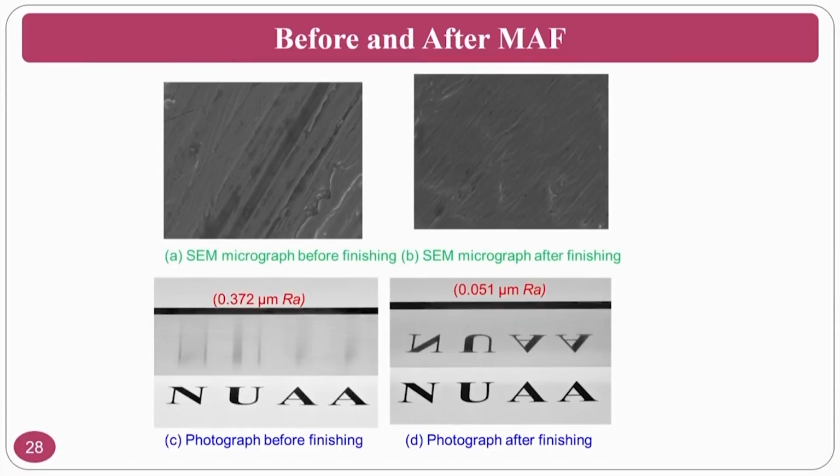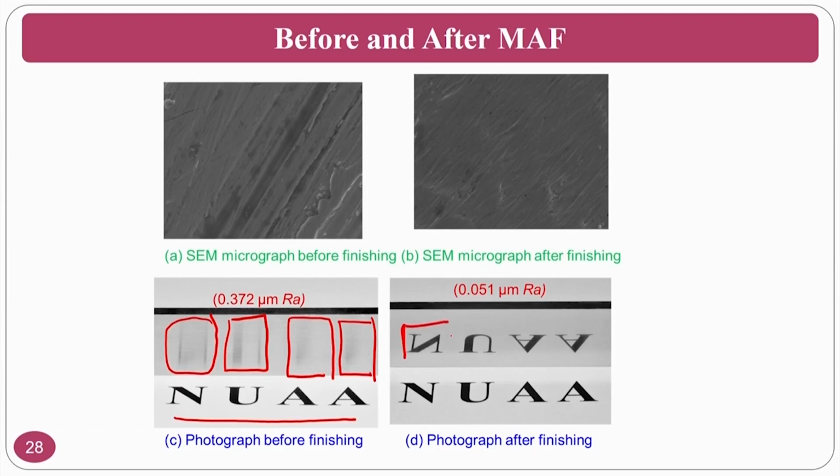Okay. You can see the before and after of the magnetic abrasive finishing process. Here, you can see NUAA is not at all visible because your surface roughness is too high. However, after finishing, all the words are clearly visible.